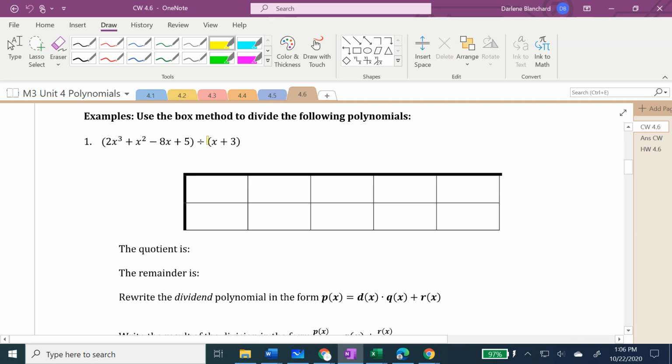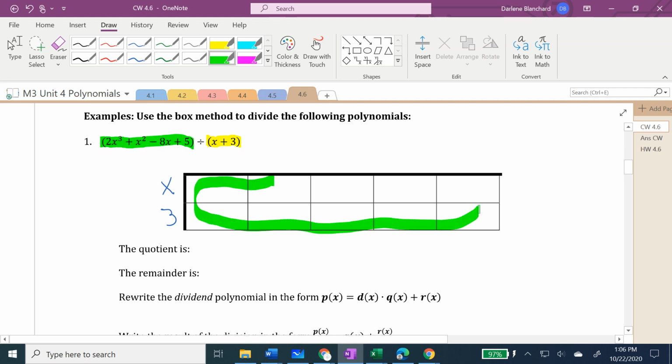Start with what you are dividing by. So I am dividing by x plus 3. Now, when you multiply polynomials, the result of the multiplication is what ends up being inside the boxes.